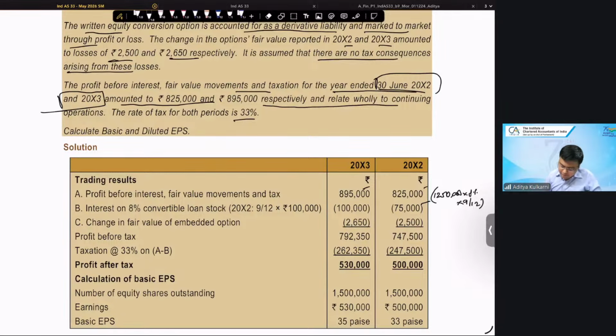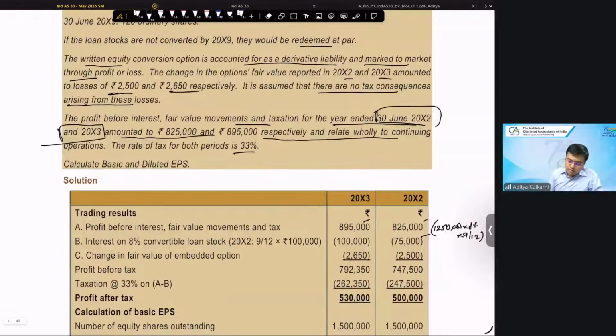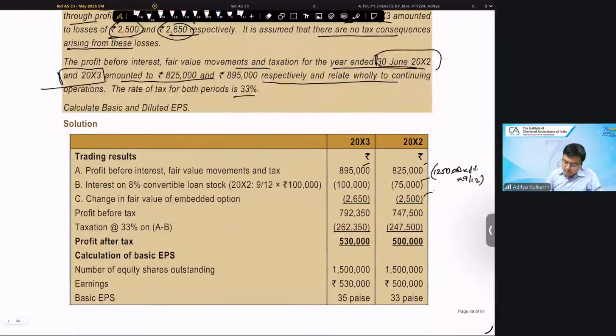And then you have changes in fair value, 2,500 and 2,650, giving 7,92,350 and 7,47,500.